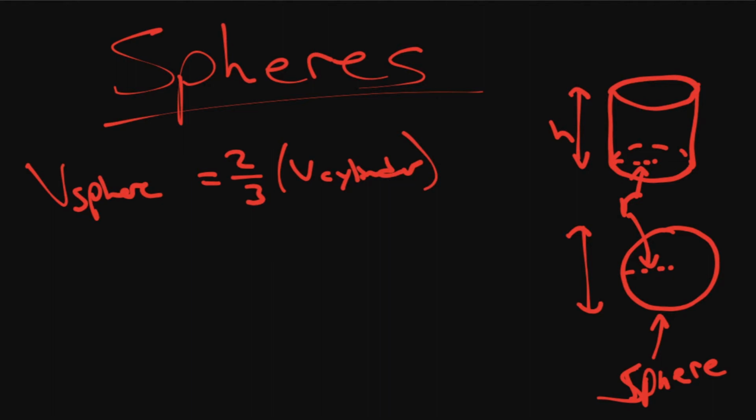So we know that the volume of a cylinder is the surface area of the circle on its face times the height. The surface area of the circle is pi r squared, times h, which is the height.